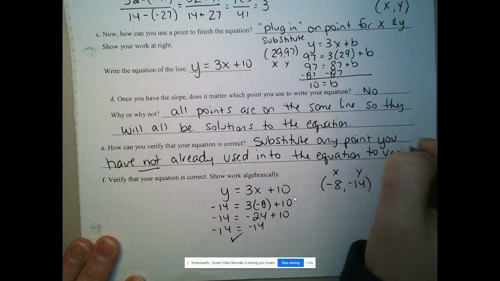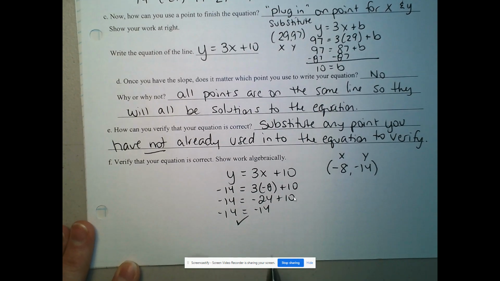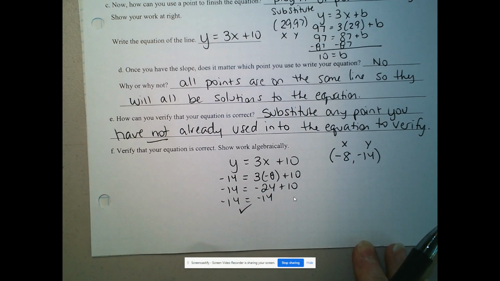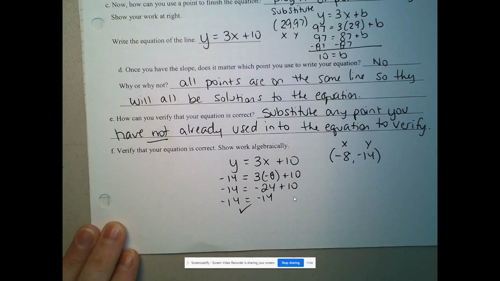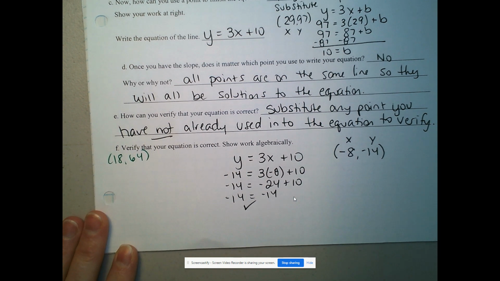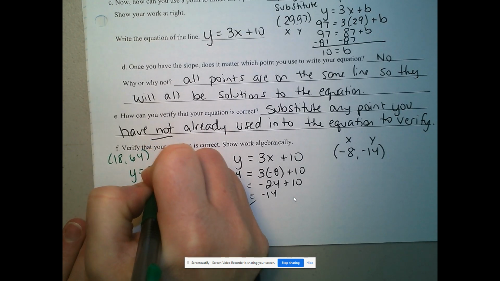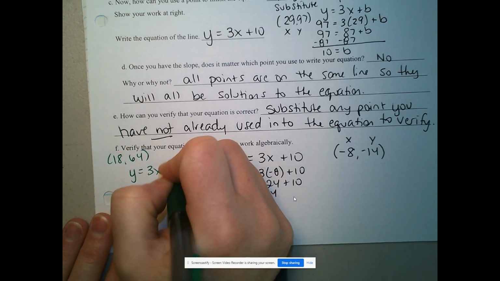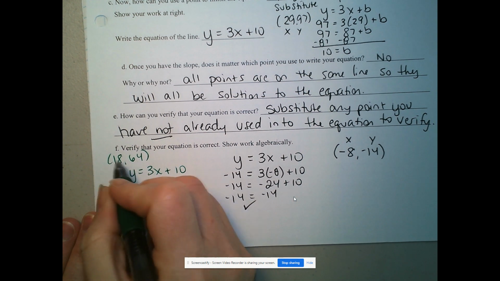to verify. Now, another option here, if this one isn't your cup of tea, because some kids don't like having the left side equal the right side, they feel like they should be getting an answer. You also could have used, let's say, (18, 64), and you could say y equals 3x plus 10, and just plug in one of the two.